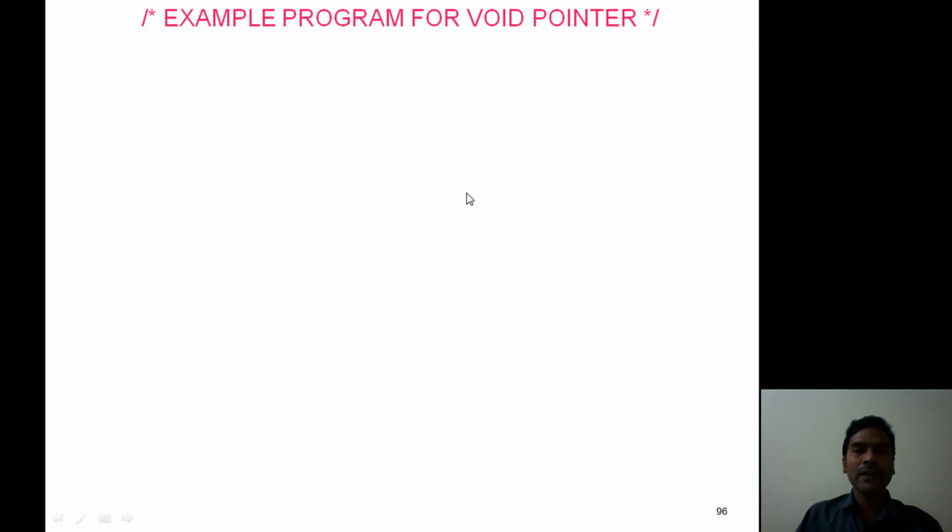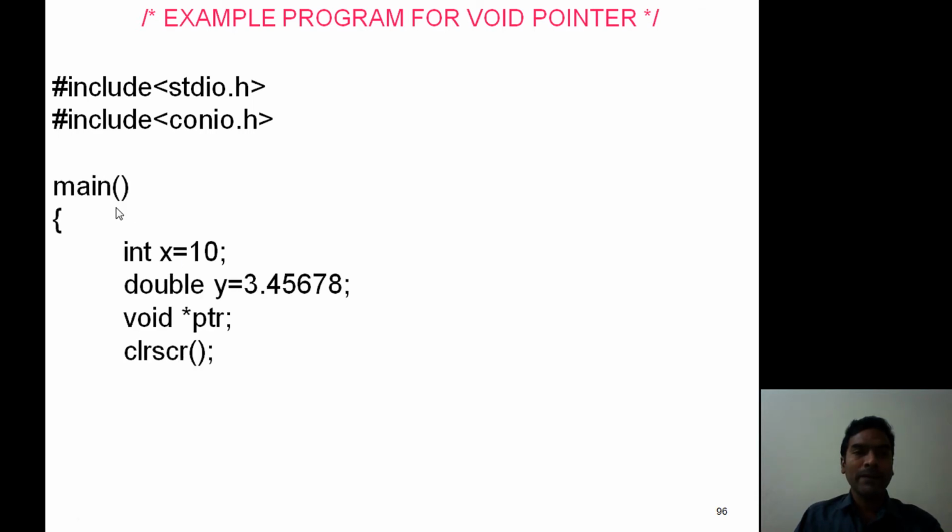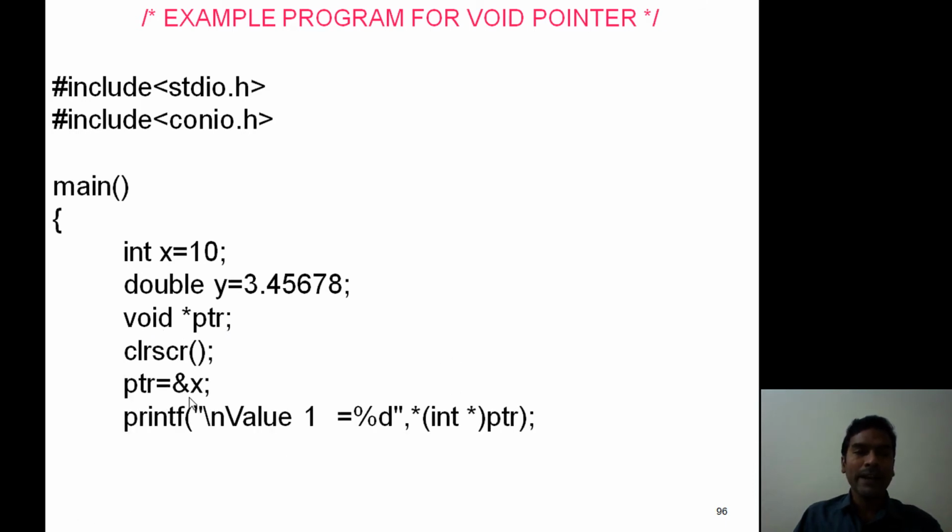Now observe this example. Header files stdio.h and conio.h. Main program. Now int x equivalent to 10, double y equivalent to 3.45678. Now we define one void pointer as void asterisk ptr. Now ptr equivalent to ampersand x.